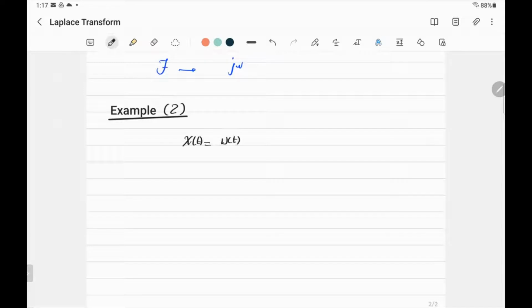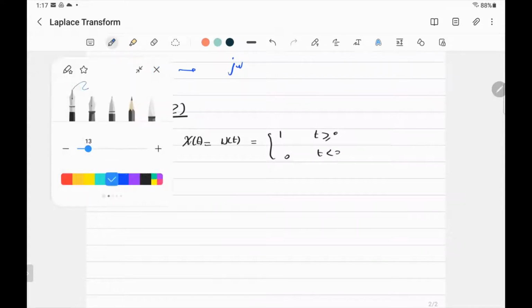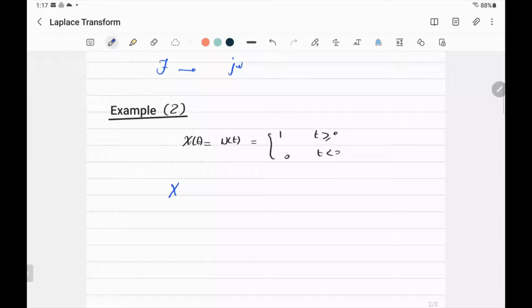To find Laplace, what's u(t)? It's equal to 1 when t is greater than 0 and 0 when t is less than 0. So to find Laplace, we'll do the same integration. X(s) will be equal to the integration from minus infinity to infinity of u(t) e to the minus st dt.